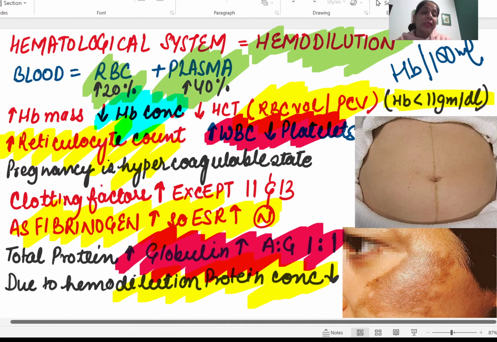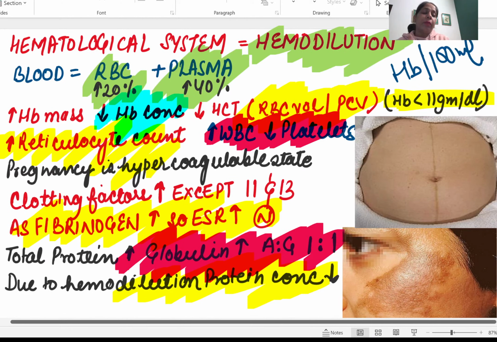And as the HB mass increases, similarly total protein also increases, but protein concentration decreases due to hemodilution. And in the pregnancy, we studied that globulin protein increases as compared to the albumin; rather, albumin decreases.